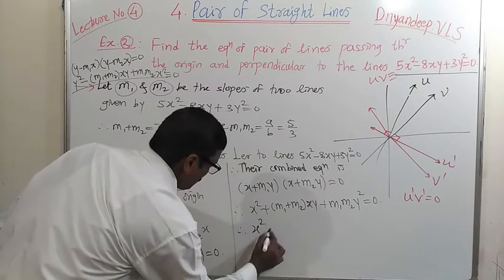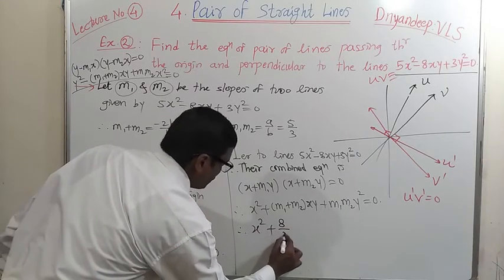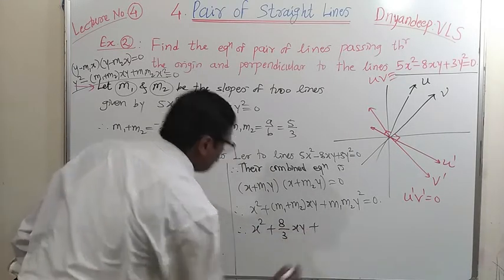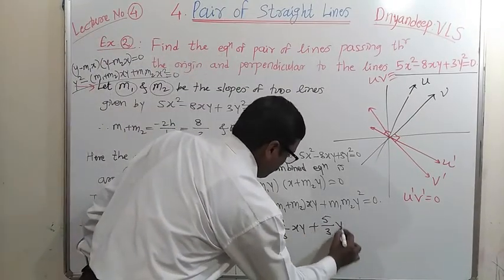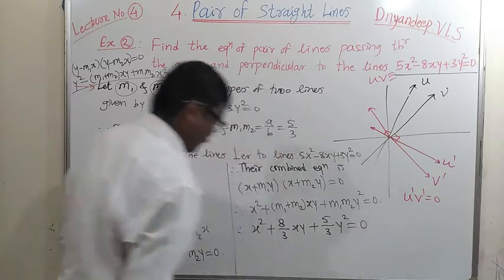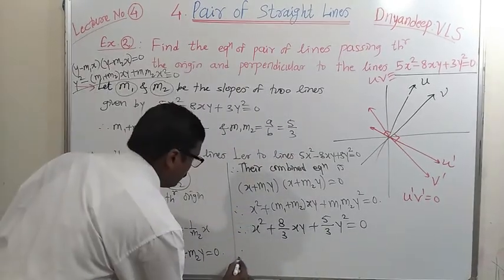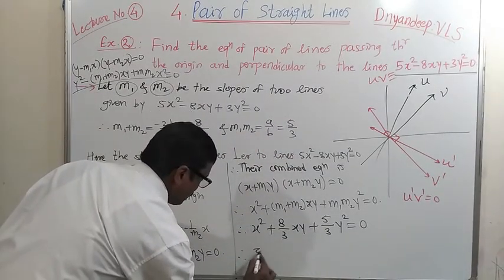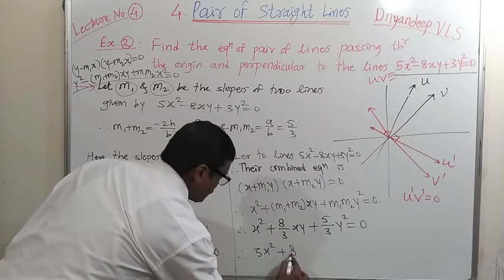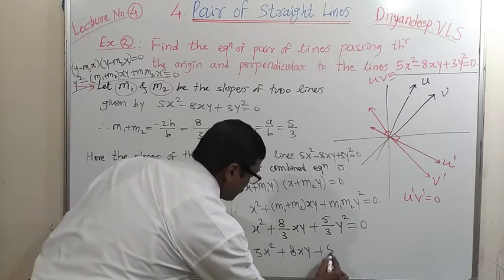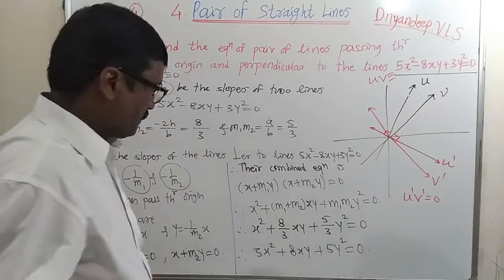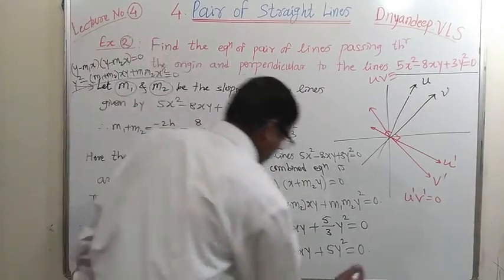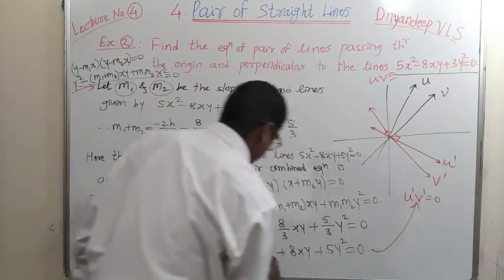So we get x square plus 8 by 3 xy plus M1 M2 is 5 by 3 into y square equal to 0. So multiply both sides by 3, we get 3x square plus 8xy plus 5y square equal to 0.